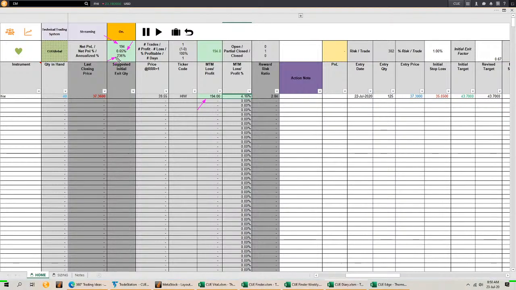Annualized: if you keep on getting this rate, it is very high, of course. We cannot realistically annualize one trade into one year, but as you fill up more and more trades, it is going to show you a projection of annualized return. It is also showing some statistics: total number of trades taken 1, number in profit 1, number in loss 0, 100% profitable so far.